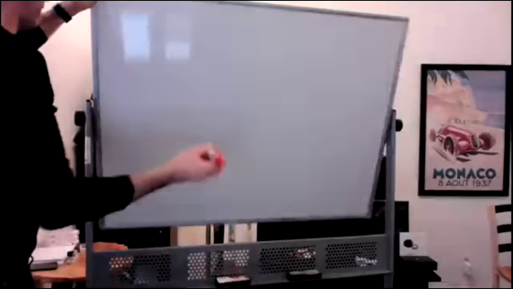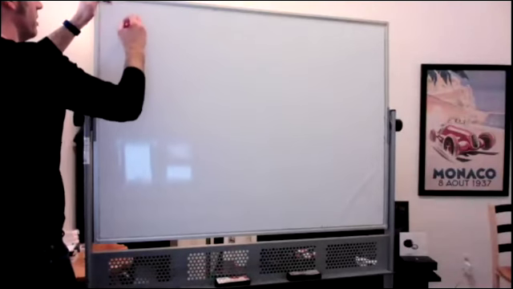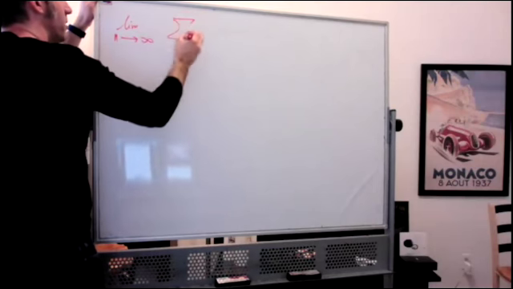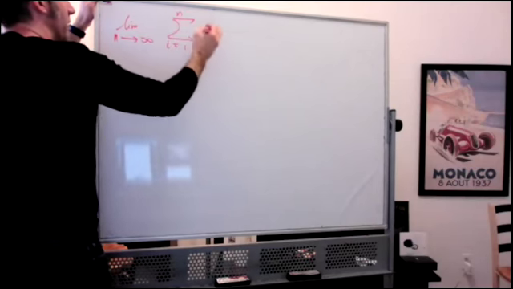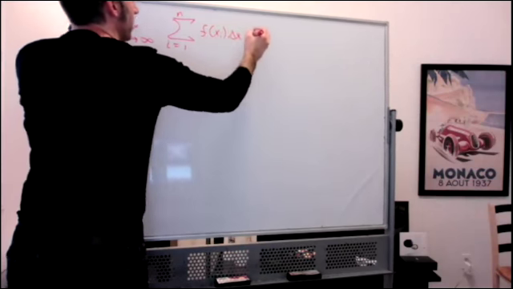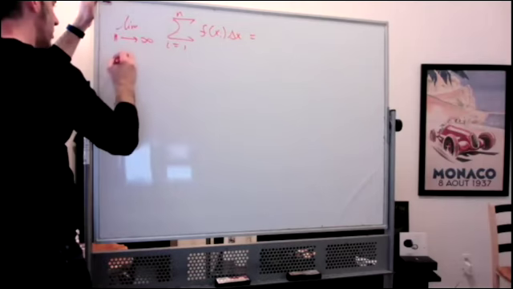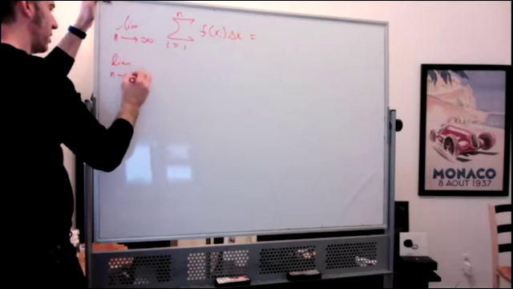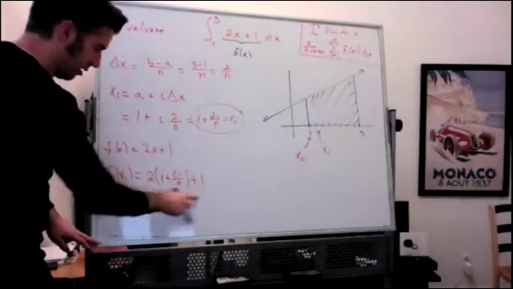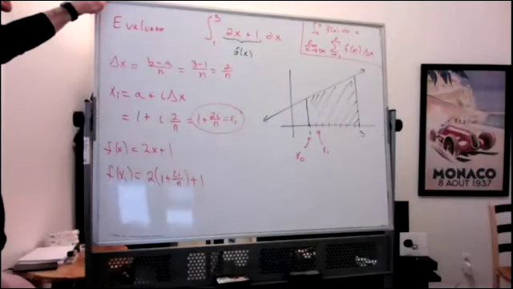So I'm trying to write the limit as n goes to infinity of the sum from I equals 1 to n of f of x sub I times delta x. And that's going to equal the limit as n goes to infinity of the sum from I equals 1 to n of f of x sub I, that's this thing here, 2 times 1 plus 2i over n plus 1.